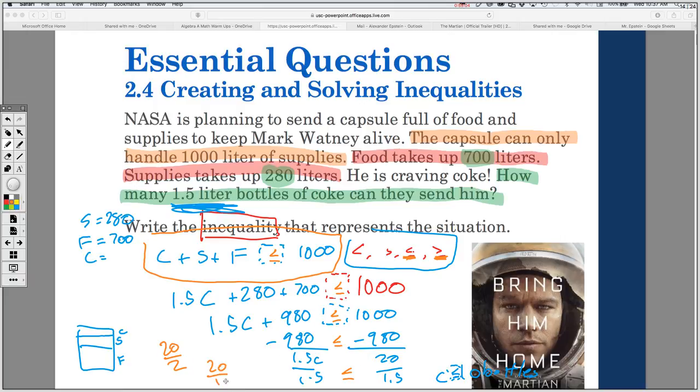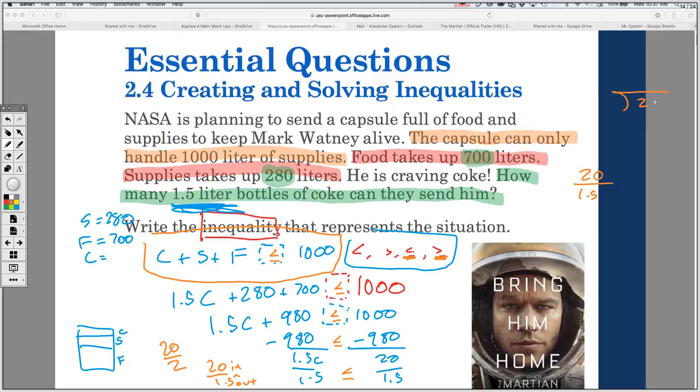So 20 divided by 1.5, we have 20 here and 1.5 here. Actually, we're going to multiply by 10, multiply by 10. This becomes 200 divided by 15.